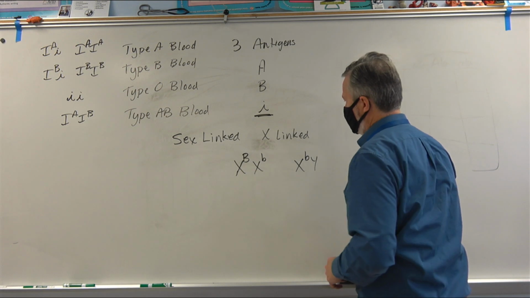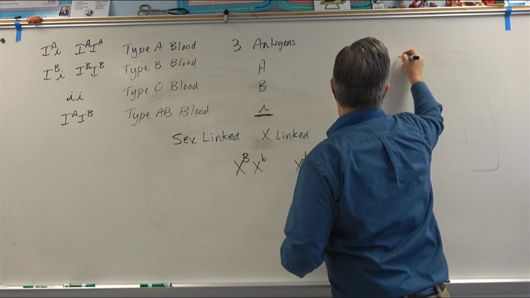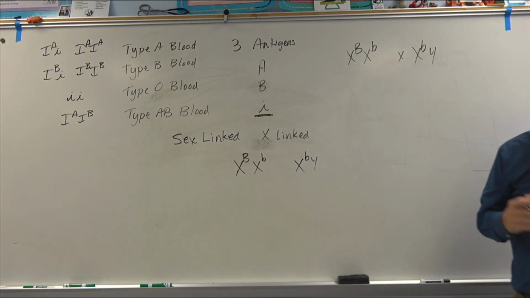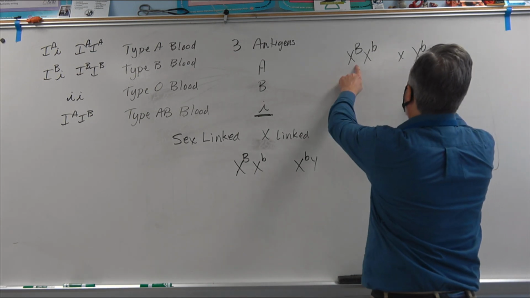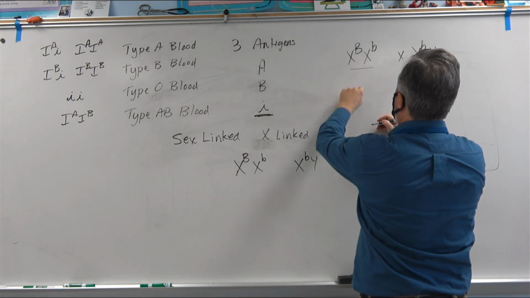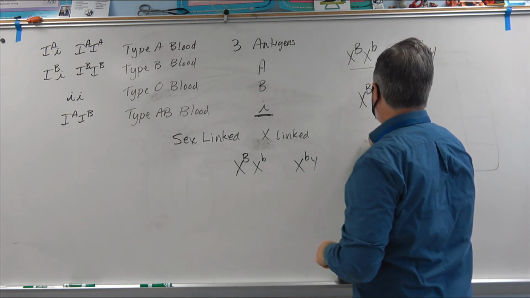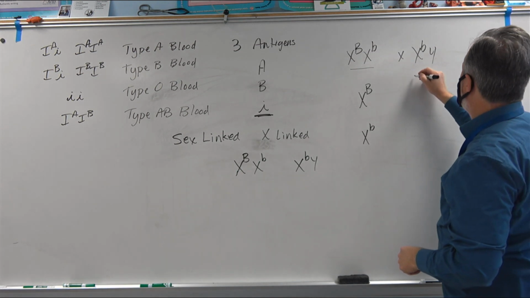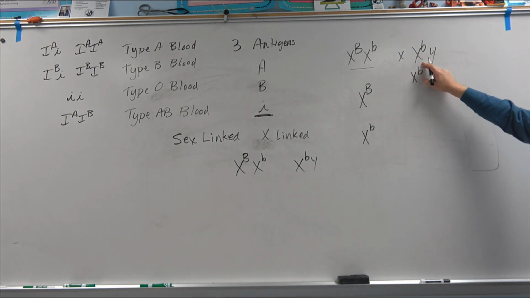You have to watch the way things are worded. The chance of a male with male pattern balding. So here, what would we get for our genotype? X big B and X little b. Here, what would we get? X big B. No, genotype would just be X big B.